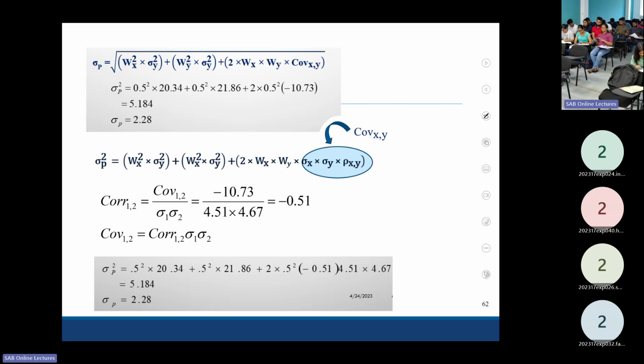So this is the variance of the portfolio, and its square root is 2.28%.